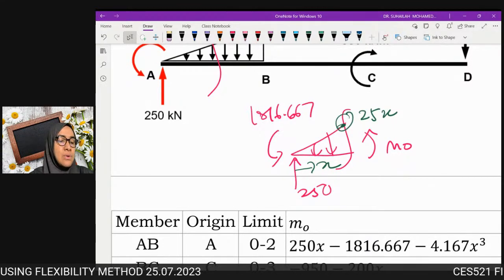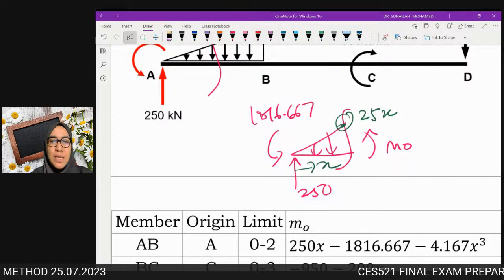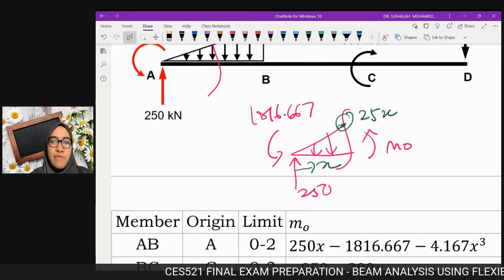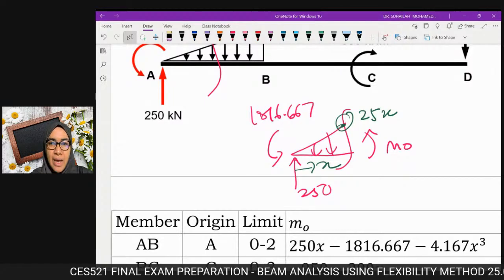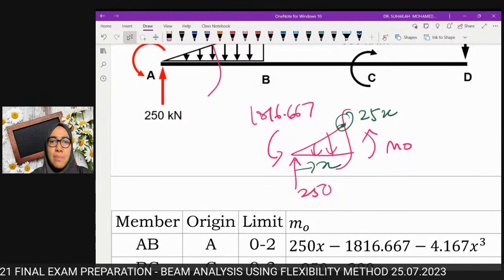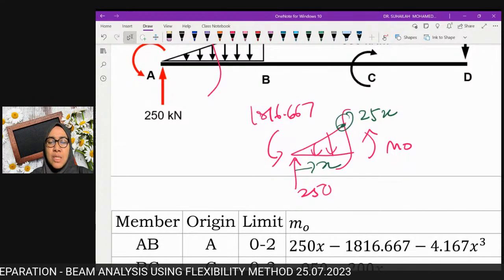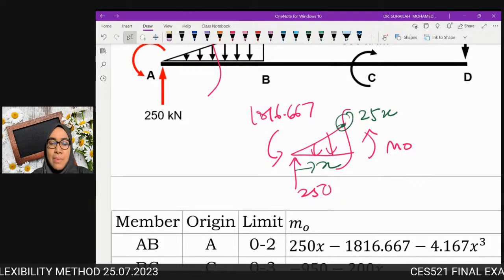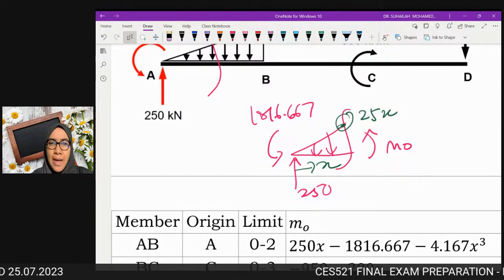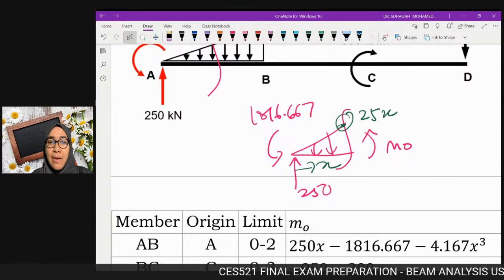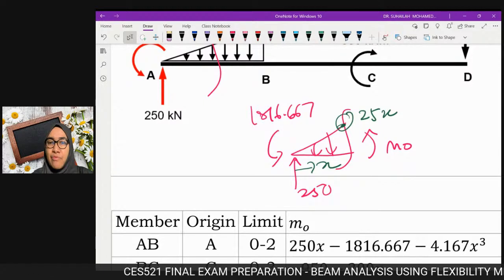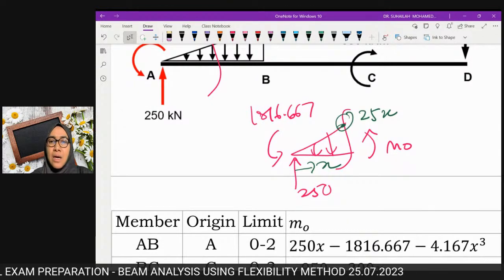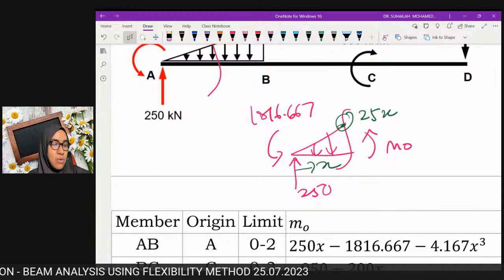By using this diagram, we write the moment equation. We get 250x, and we subtract 1816.667. For the triangular load, remember it is P times L, the area and the length. The area is 0.5 times x times 25x, and the length is 1 over 3 of x.